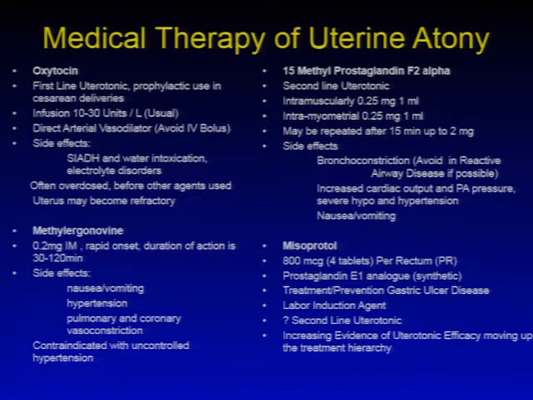And then there's misoprostol, which can be given orally, but in an emergency is generally given rectally, and is contraindicated if there's active gastric ulcer disease, and has increasing evidence of uterotonic efficacy moving up the treatment hierarchy.